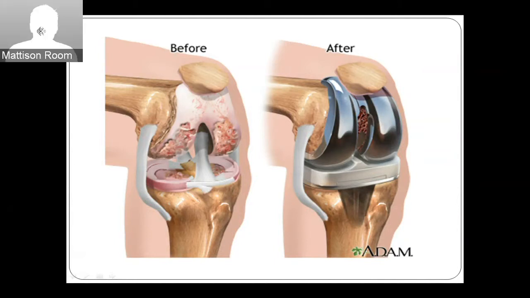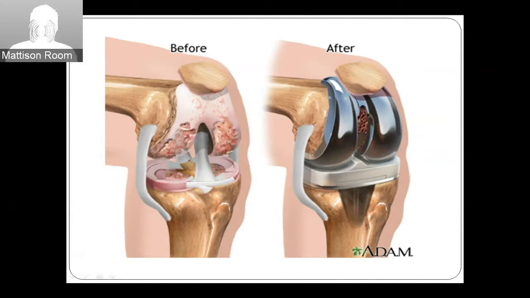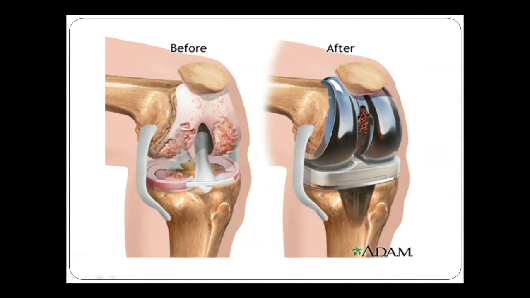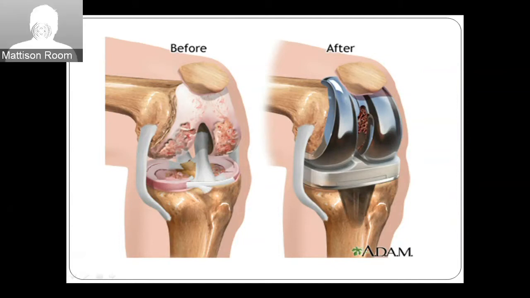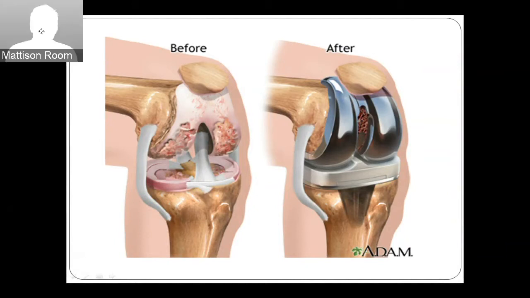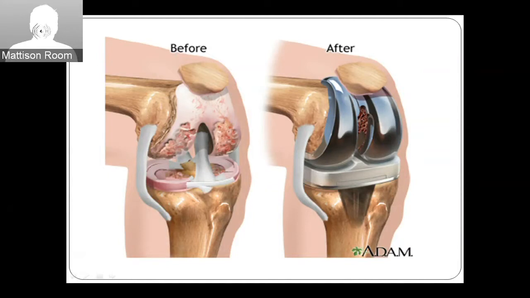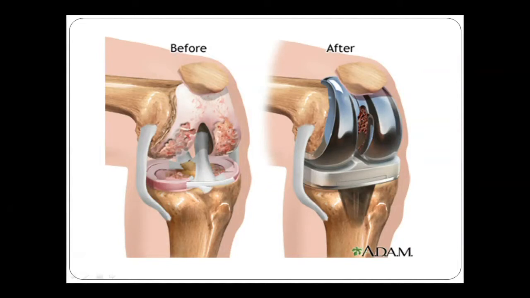I use custom patient instrumentation, which means that we get cutting blocks that are unique to your anatomy. I don't know how much of it is that, because a lot of things factor into someone getting a stiff knee. But down in Viroqua, I'd say 10% of the patients, maybe not that many, maybe 7%, needed to be manipulated.